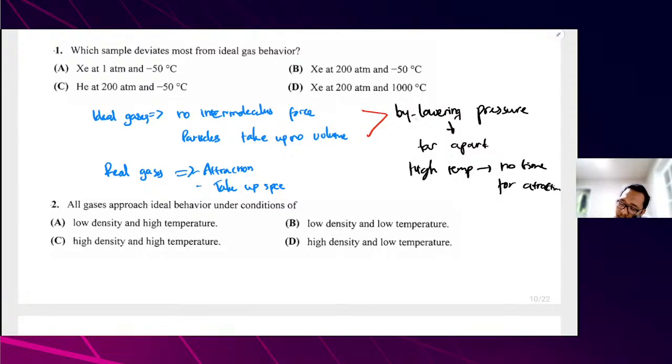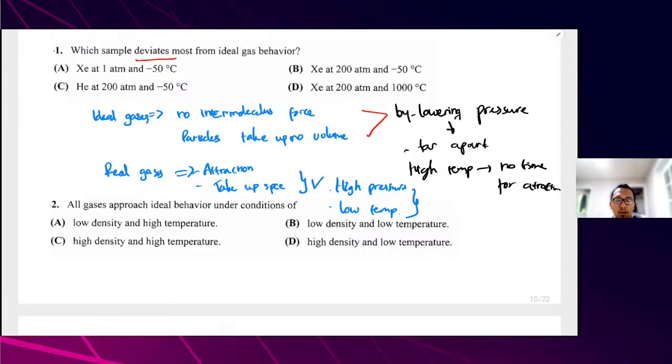Now what we want to get is the deviation. Deviates most from ideal case behavior, so we need to look at high pressure and low temperature. If we have high pressure, particles are close together, so more attraction.